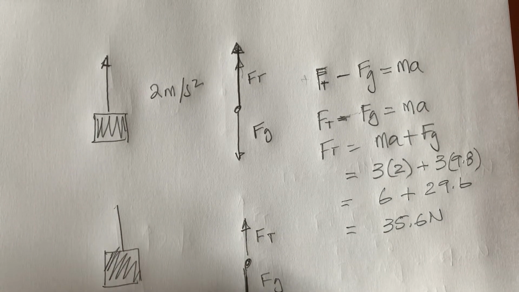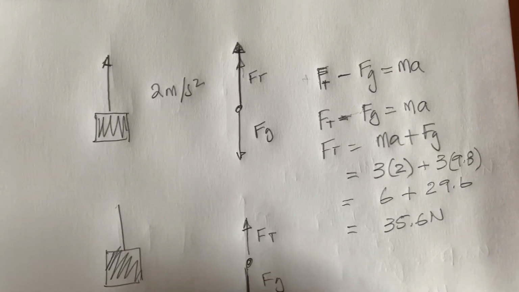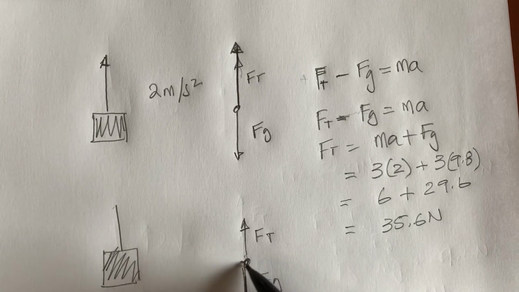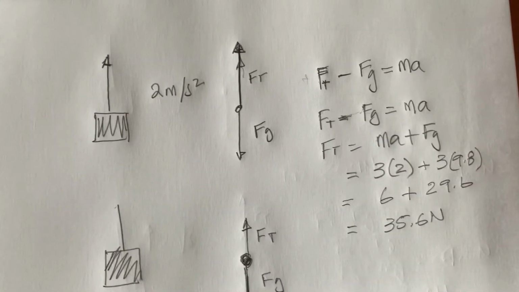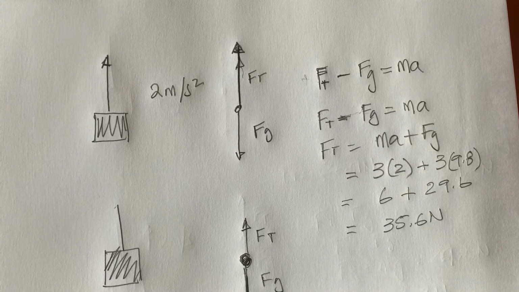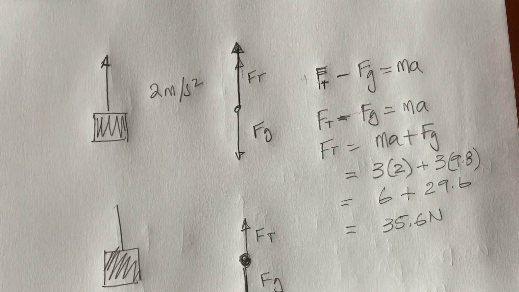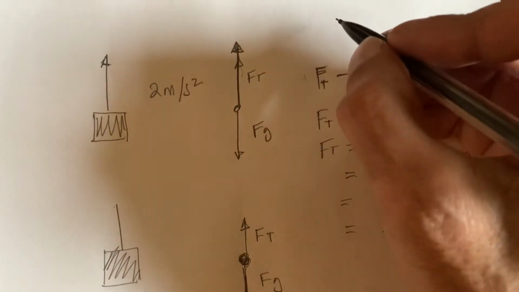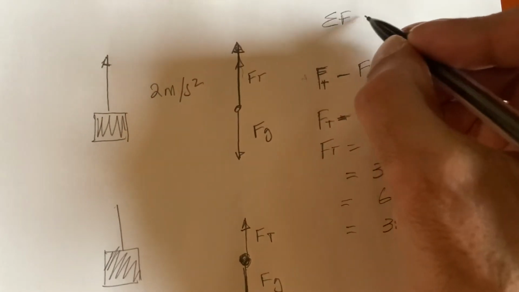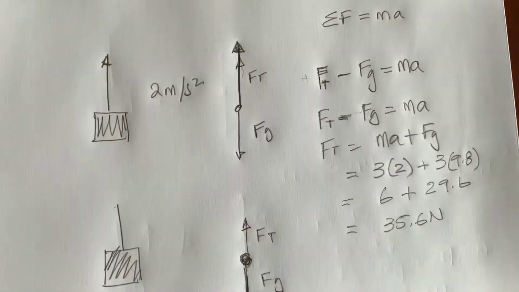If I write the equation for my free body diagram again, and that's why we make these free body diagrams, so that we can then use Newton's second law and make an equation. Again, recall that Newton's second law is the sum of the forces is equal to mass times acceleration.